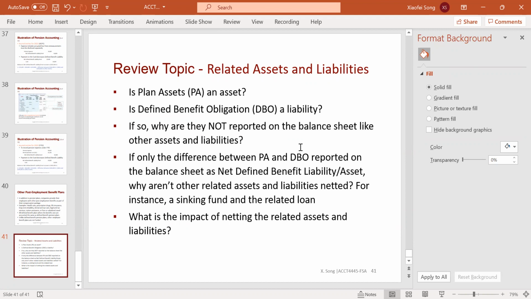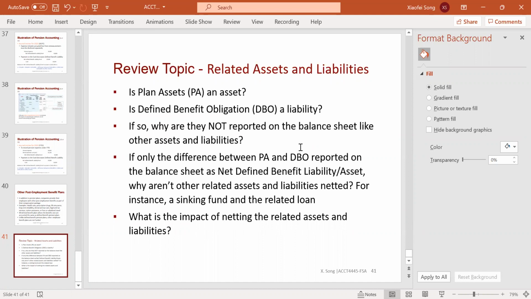One controversy is this netting of assets and liability. Plan assets and the DBO are related, but they are not the only items that are related, and this netting is not done pretty much anywhere else.